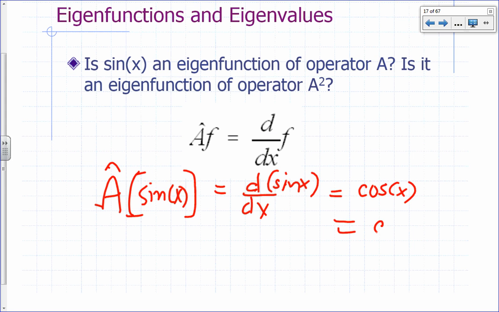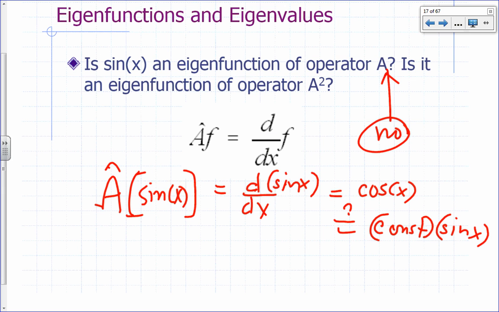Is that equal to a constant times sine x? Can you write cosine x equals a constant times sine x for any x? There's no constant that you can multiply with sine x to get cosine x for every possible value of x. So that's not true. So the answer for this first one is no, right? Sine x is not an eigenfunction of operator A.